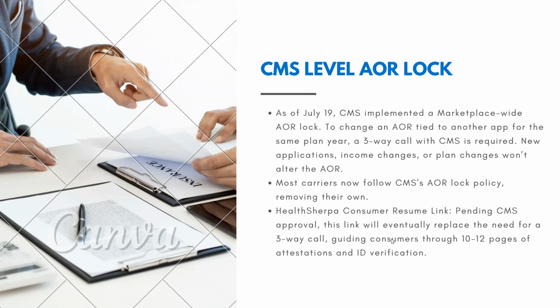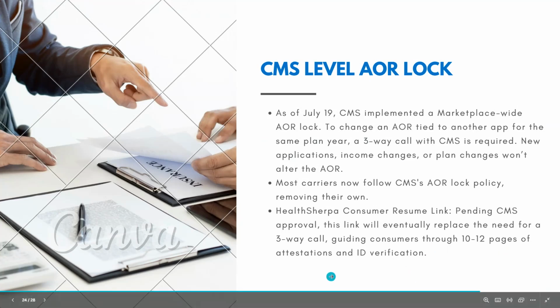So Health Sherpa consumer resume link. So now you've got that resume link that I just talked about. So you can either do the resume link or you can do the three-way call. But it is, as it says, going to take your client through a 10 to 12 page process to verify their ID.